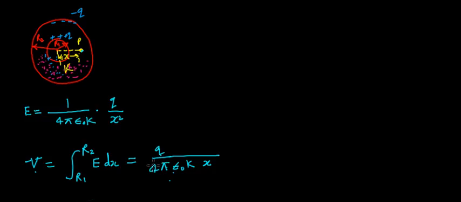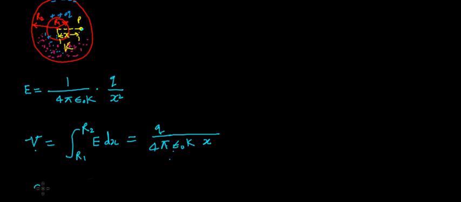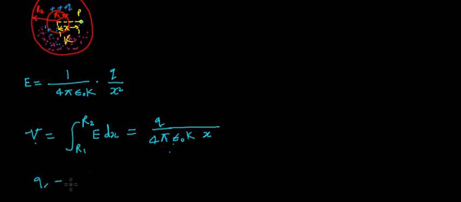Now you need to find out C. Q is equal to CV. So you know Q is equal to CV, which means C will be equal to Q divided by V. Here x moves from R1 to R2.